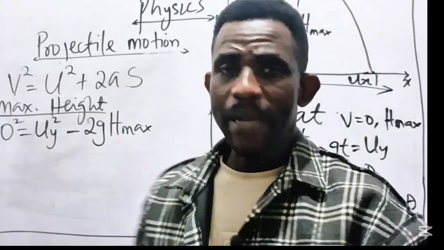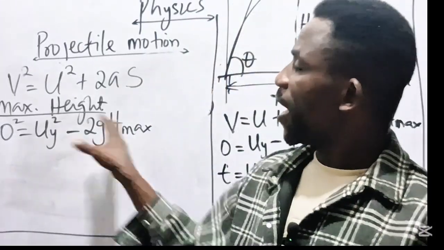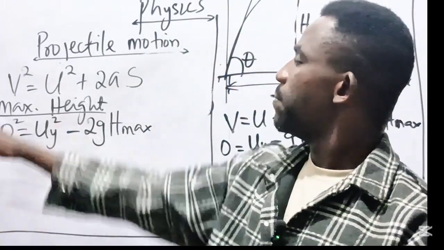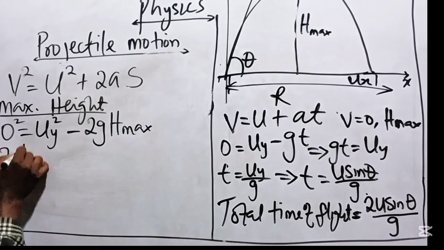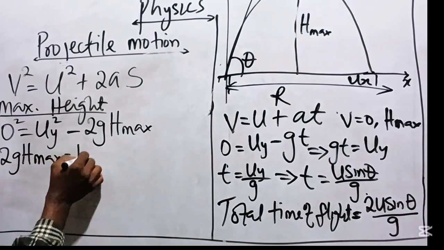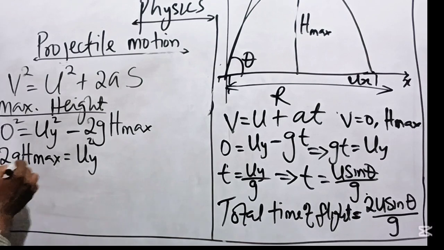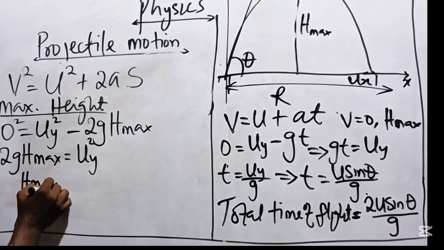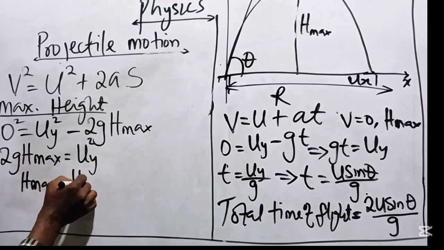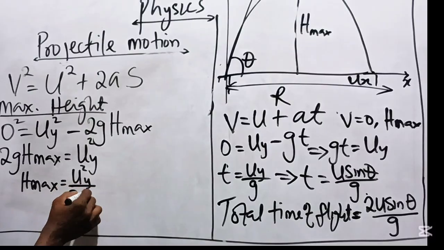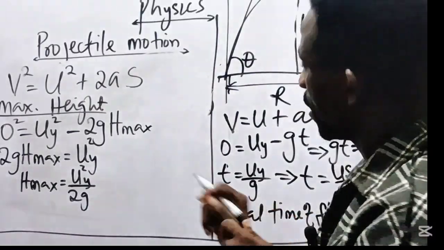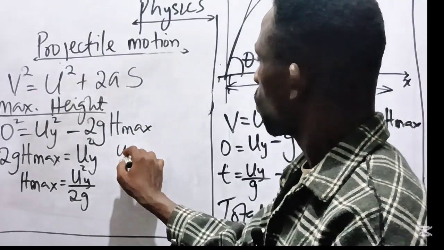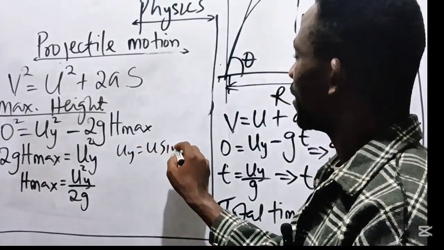Now, we've gotten the maximum height. The expression we have to have right now is to make 2g h max the subject of the formula. So we have 2g h max equal to uy squared. From here, we make h max the subject of the formula: uy squared over 2g. That means we record in equation 1 that uy is equal to u sine theta.